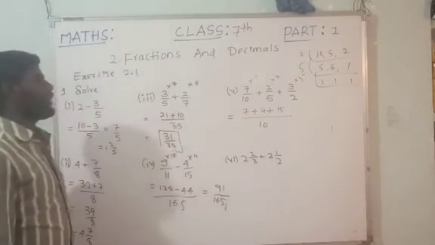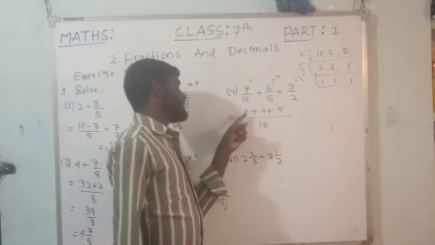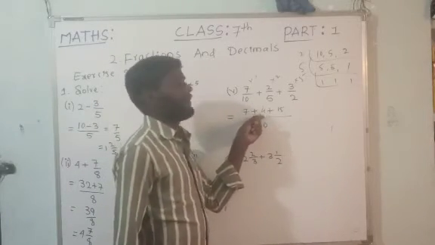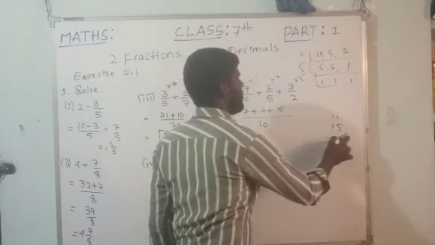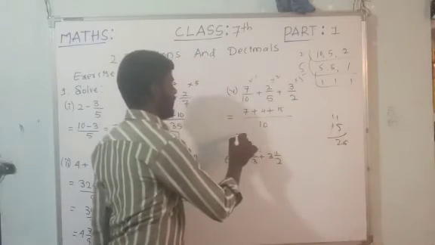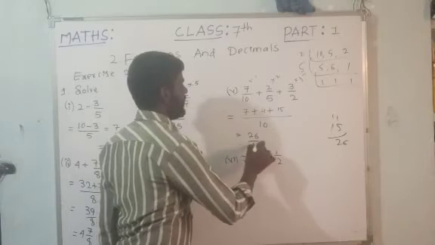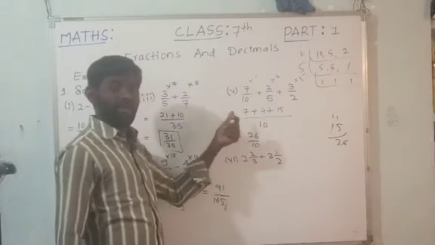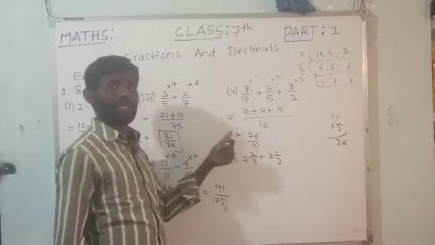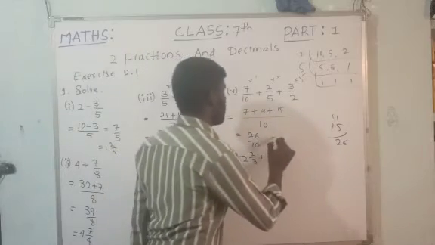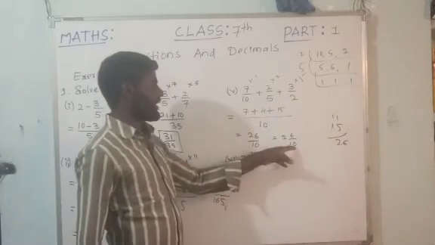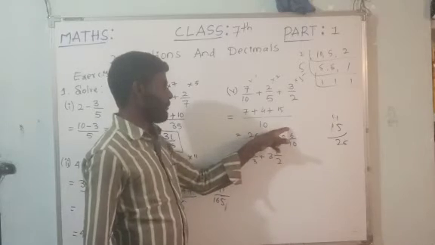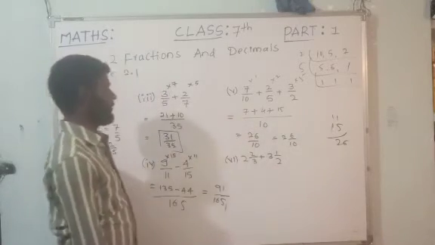Now add the numerators. 7 plus 4 is 11, 11 plus 15 is 26. 26 by 10 is improper. We can keep it as a mixed fraction, that is 2 whole 6 by 10, because 10 2s are 20, 20 plus 6, 26 by 10, right?